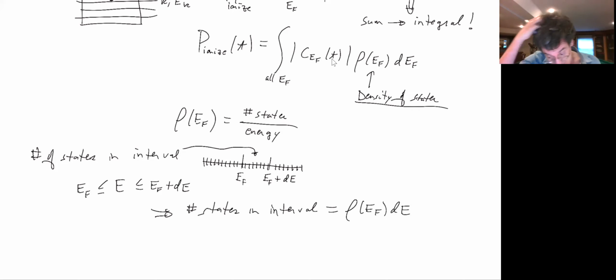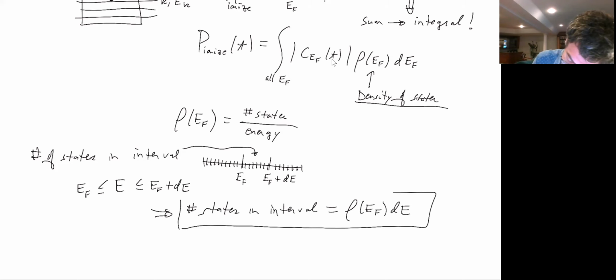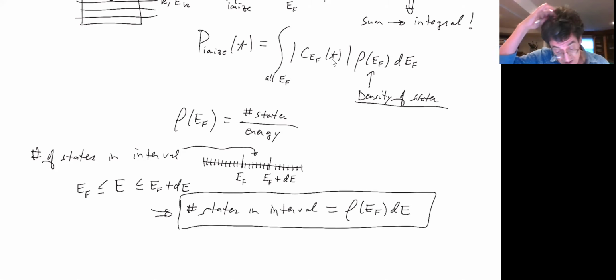The number of states in that interval is rho of EF times dE. And so that is the definition.